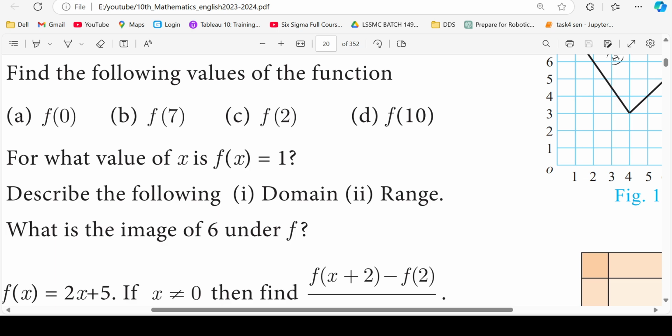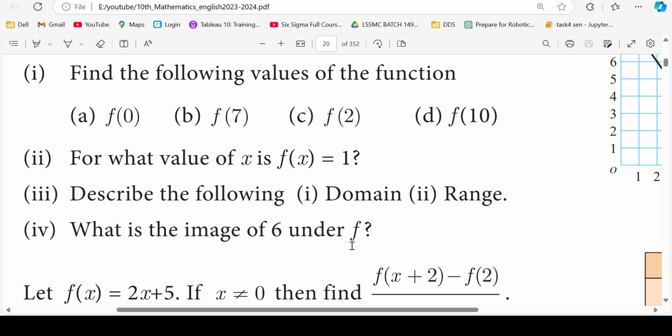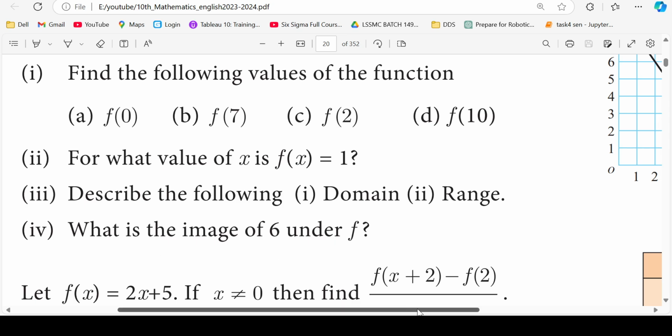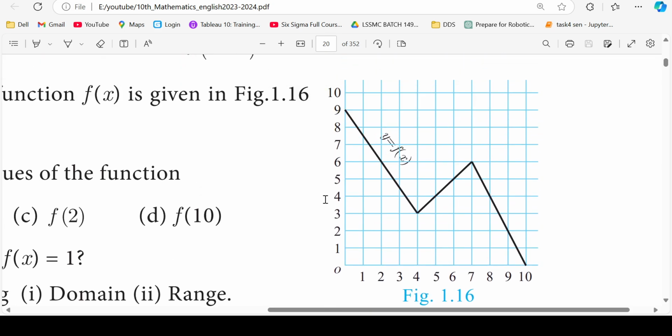So the next question is, what is the image of 6 under f? So in the graph, what is image and what is pre-image? Already I have discussed this also. Check it out.